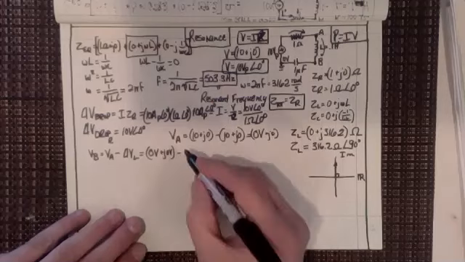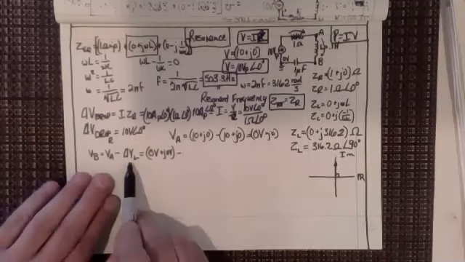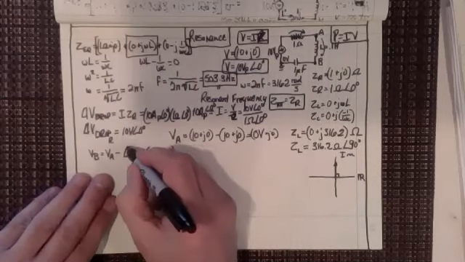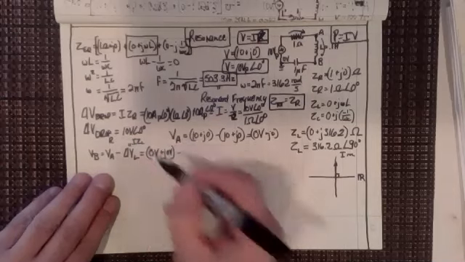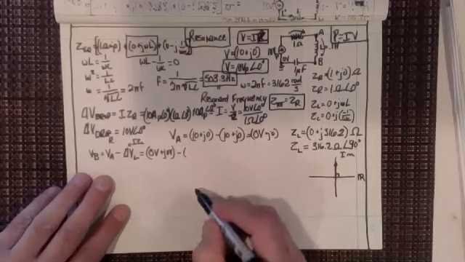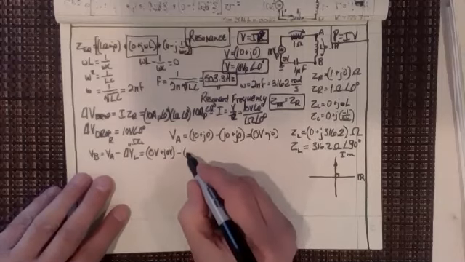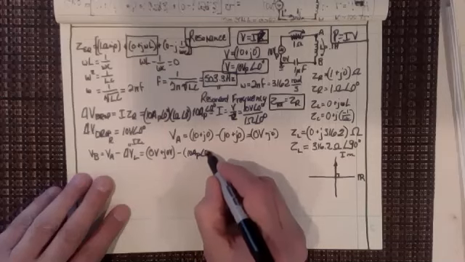Now, we know what the current is, right? Because this is just going to be the voltage drop, of course, here. That's just going to be the current times the impedance of the inductor. So the current, we already know in phasor form. The current in phasor form is 10 amps peak at 0 degrees.